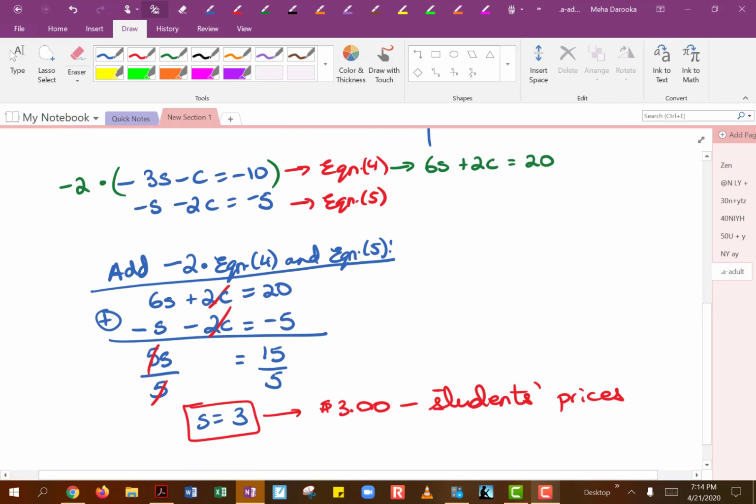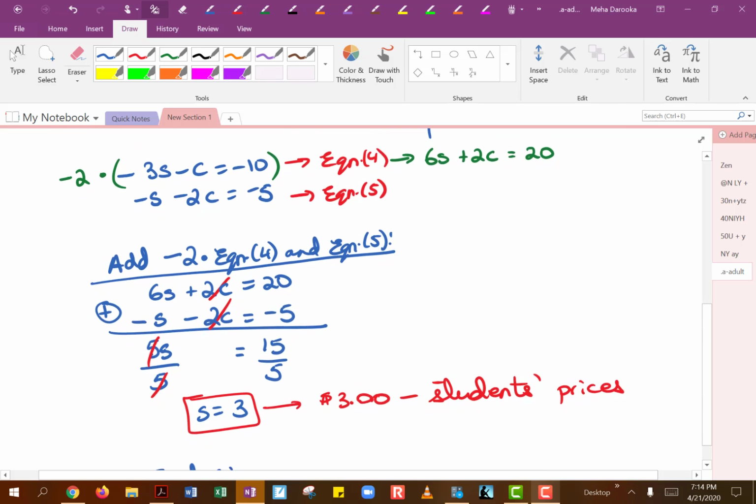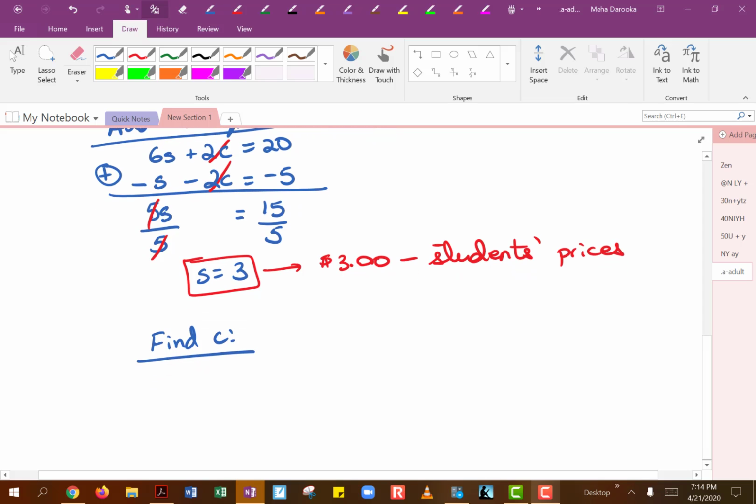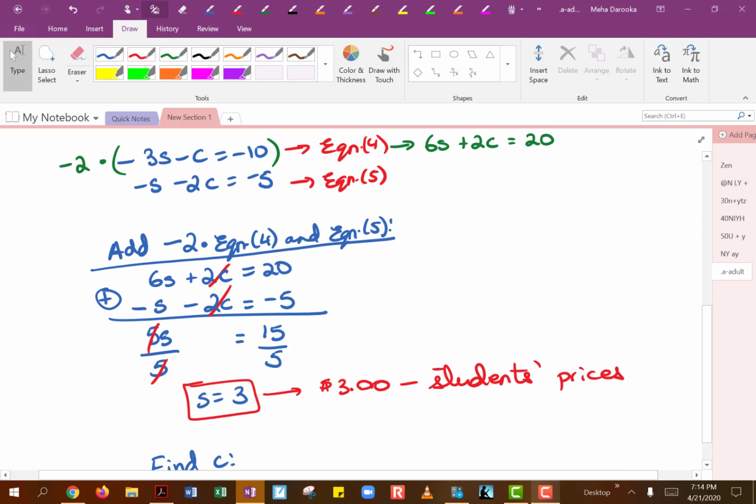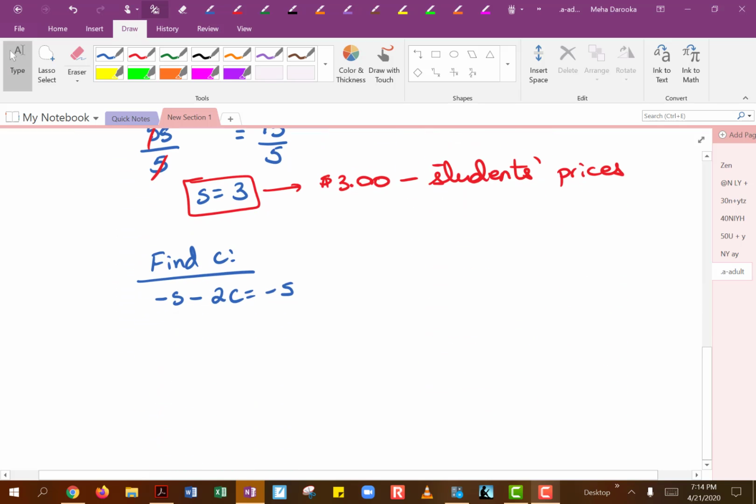Let's use equation 5: negative s minus 2c equals minus 5. We could have actually gotten rid of those negatives, I didn't really think about that, but it's okay. So s is 3, and we're trying to get the value for c, children's tickets.